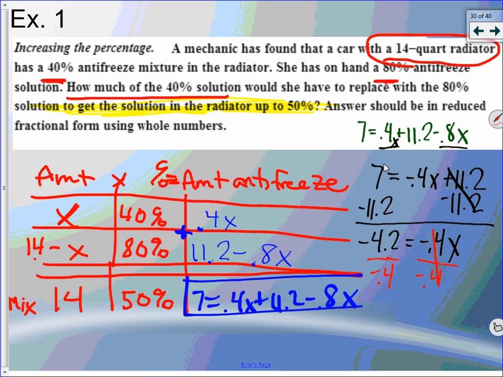Yeah. Oh, I see. No, I'm wrong. Yeah, that's right. It's 1.05, but then if you move the decimal once, then it's 10.5.